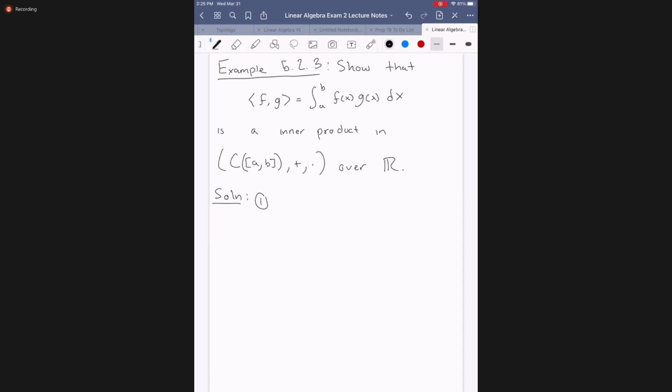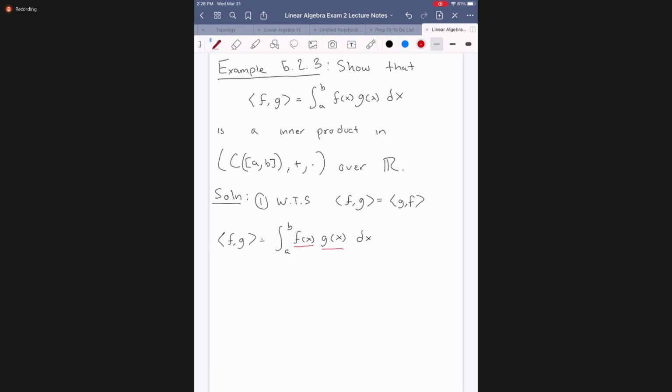So one, we need to show that FG is equal to GF, right? Okay, so take the inner product of F and G. What is this equal to? Well, this is the integral from A to B of f of x and g of x dx, right? So again, what are these things now?